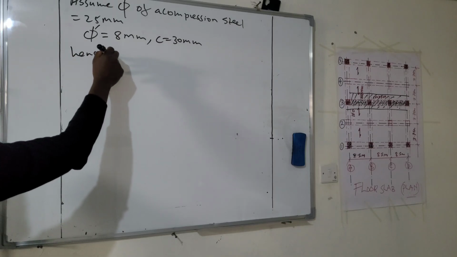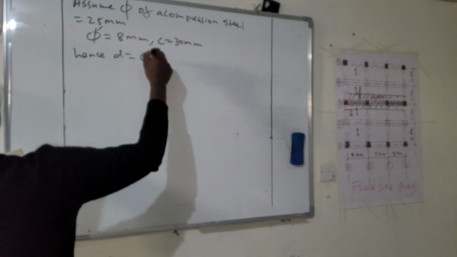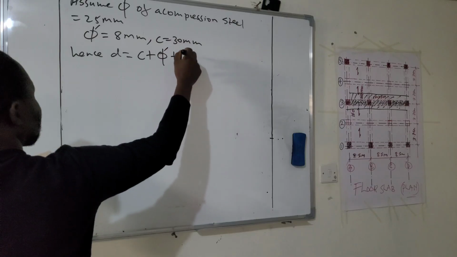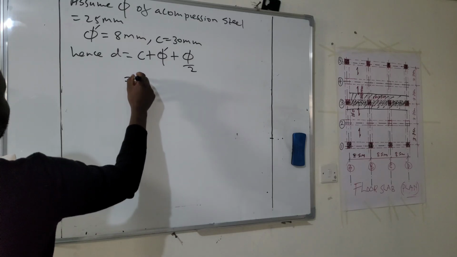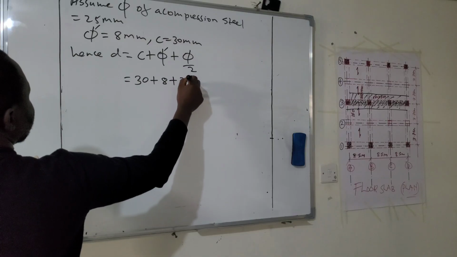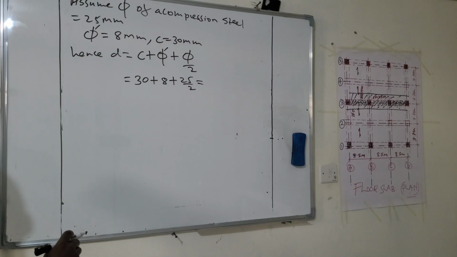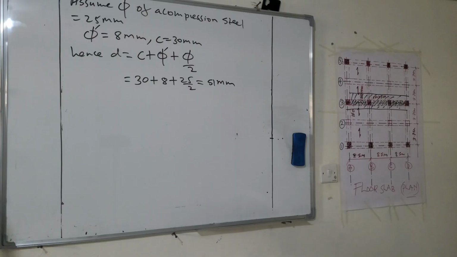Hence, D prime is equal to cover plus the diameter of the link, plus a half of main bar. So this one is equal to 30 plus 8 plus 25 over 2. So D prime is equal to 51 millimeter. Then we go for Z.